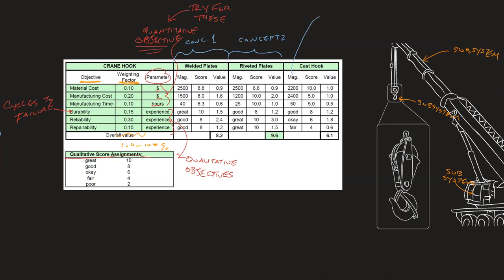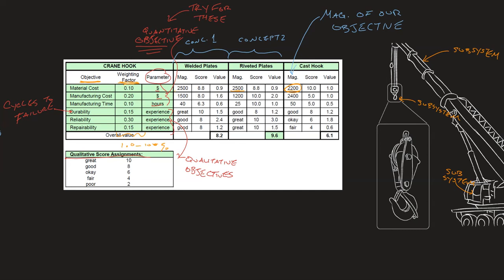The first column is our magnitude. This is the magnitude of our objective. That is it. So for this case of material cost, my cast hook costs $2,200, and it's pretty easy to go forth from there. If we look at this, we will notice that $2,200 here is the cheapest option.